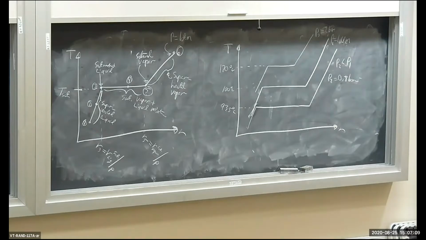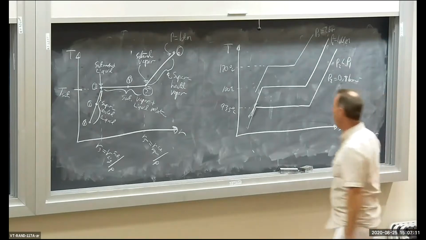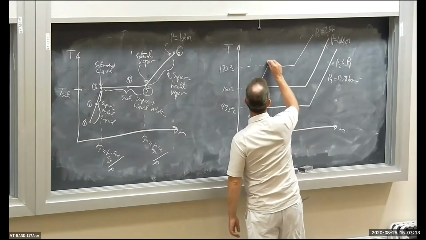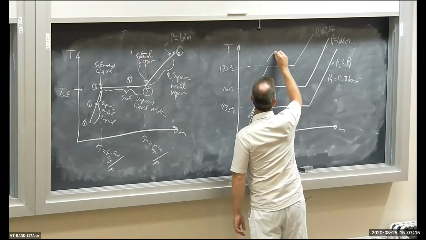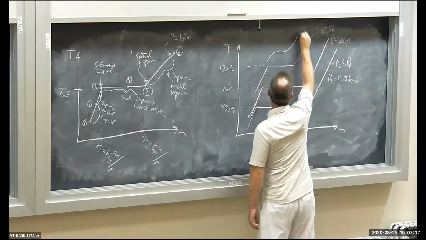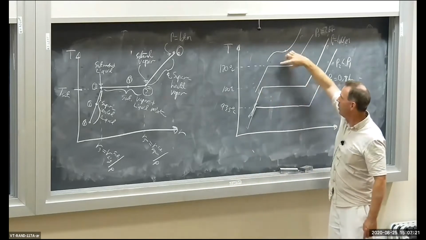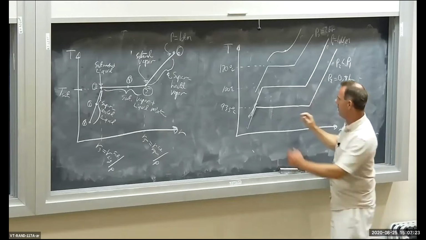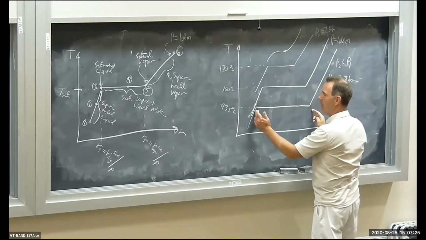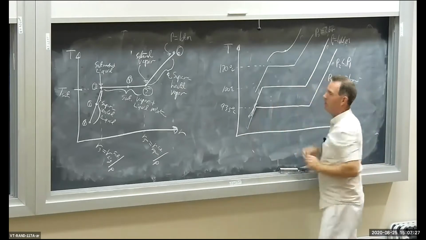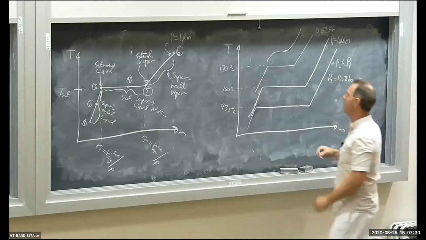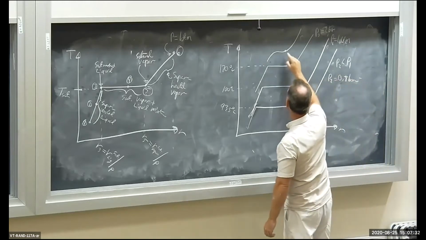Now I've got all these isobars. I can put in another one. This is the last isobar I'm going to put in. It does not have a flat mixture region. In the flat region, where the boiling is isothermal, you've got a mixture of liquid and vapor. This one doesn't have a flat region.